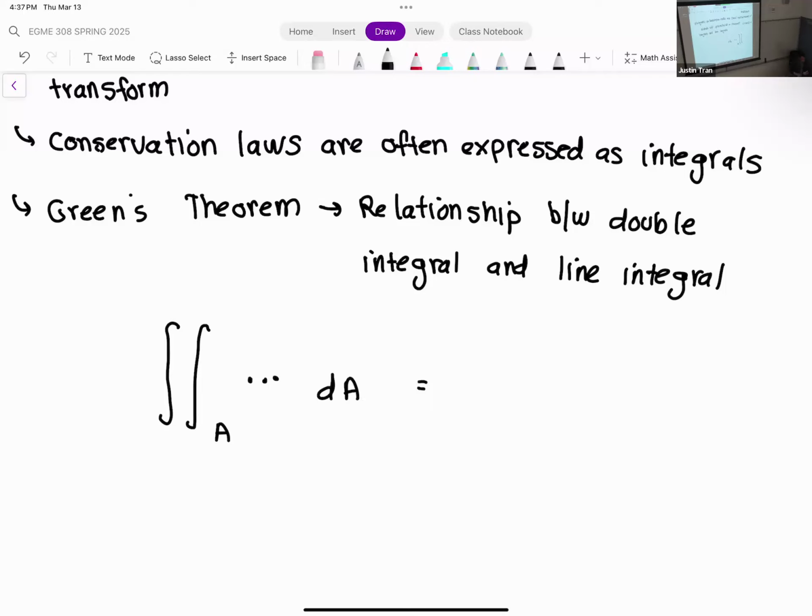This is going to be equal to a closed line integral around the boundary of A, ds. So Green's theorem allows us to form this relationship between these two types of integrals. This is useful because usually one of these integrals is going to be a lot easier to compute than the other.